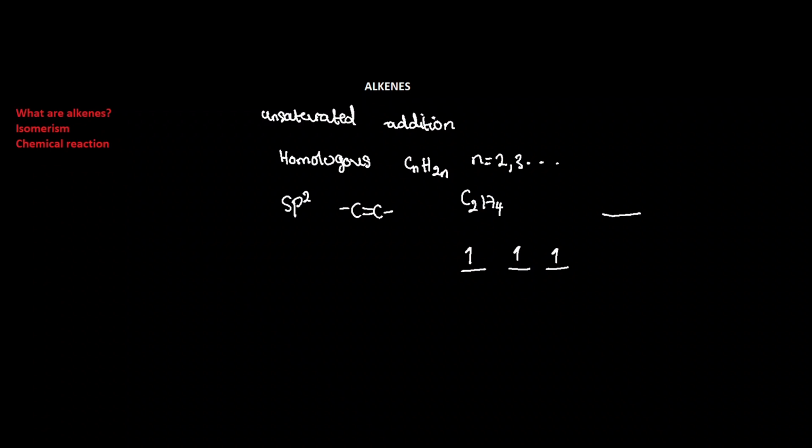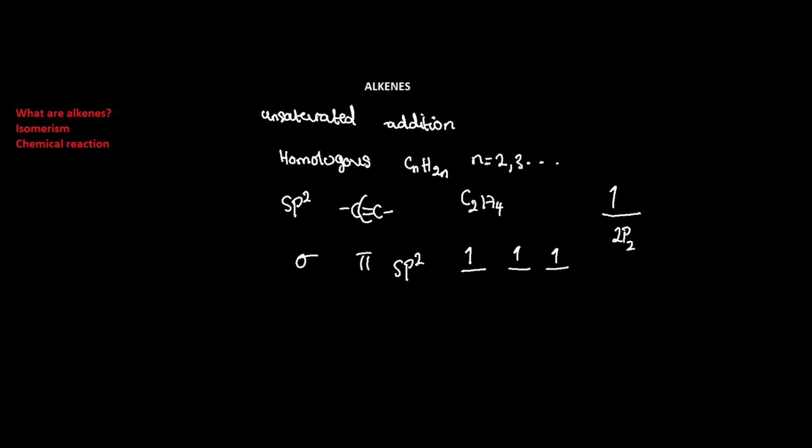Now the unhybridized p subshell, which is 2pz, remains unhybridized, while this is sp2. Now these hybridized orbitals are able to form sigma bonds, while the unhybridized orbital forms a pi bond.